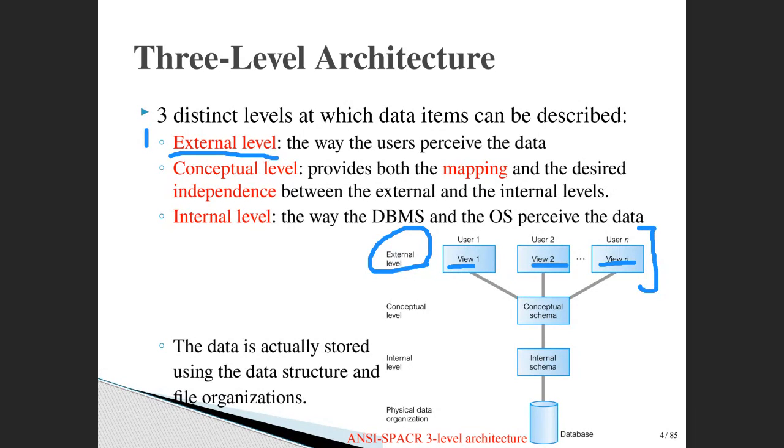User N, we're going to have view N. For example, in the University of Bahrain system, I am user number 1, or faculty members are user number 1, for example, and we will have view number 1, which is not shared with user number 2. For example, let's assume that students are user number 2.